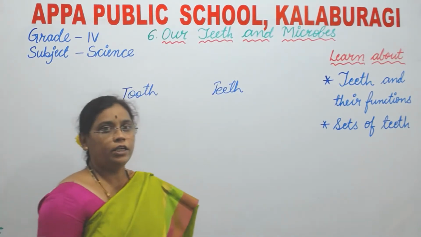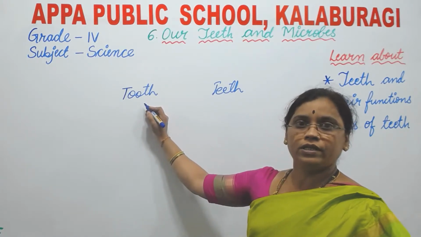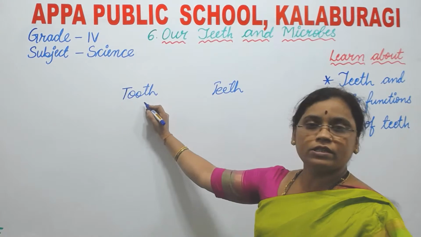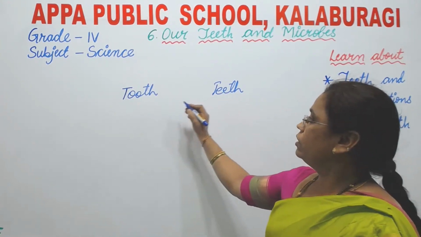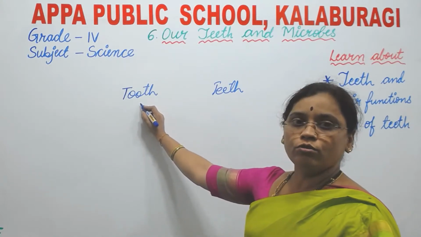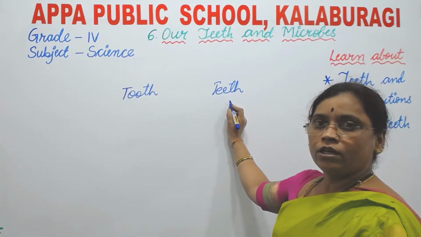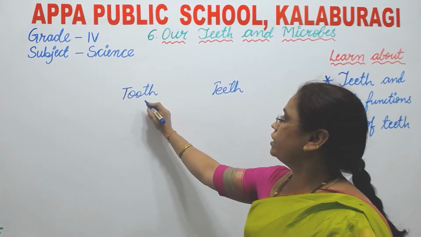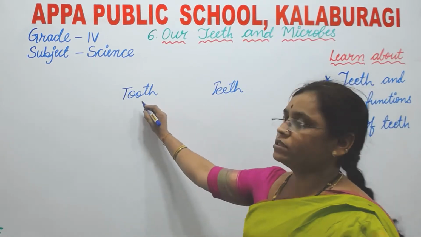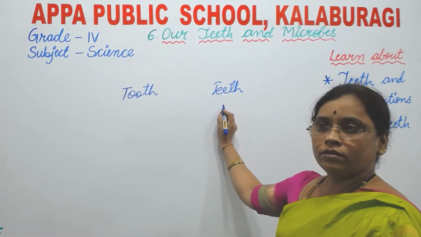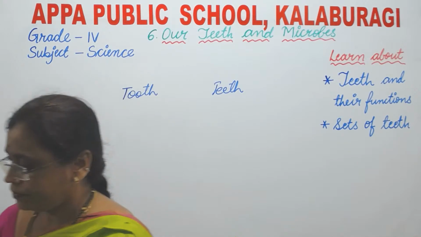Remember, children, tooth is the singular form, and teeth is the plural form. For singular, we use the word tooth, and for plural, we use teeth. We should not use terms like tooths or teeths. It is incorrect. So the correct words are tooth and teeth. Understood? Okay. Shall we move to the next?